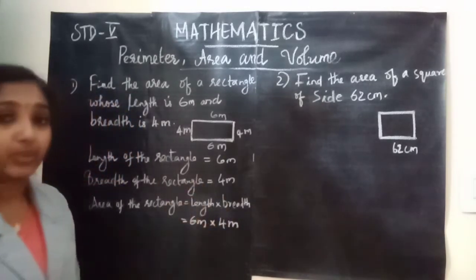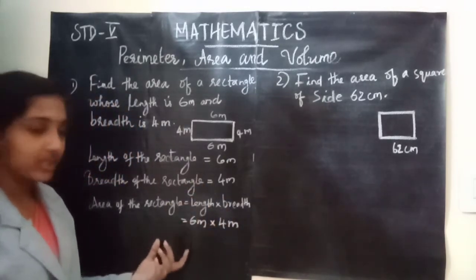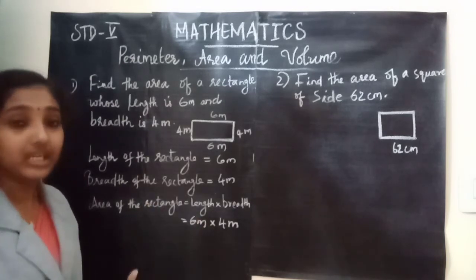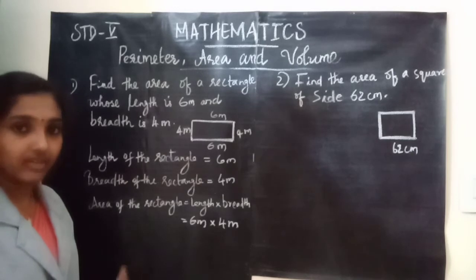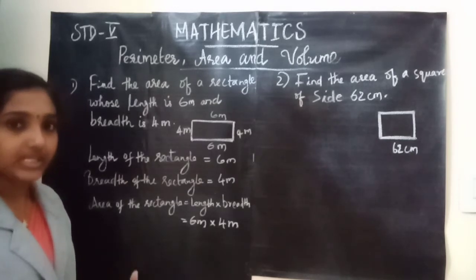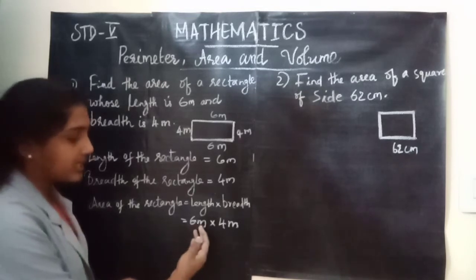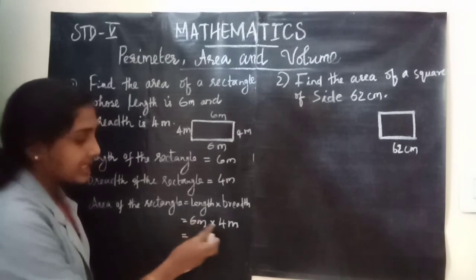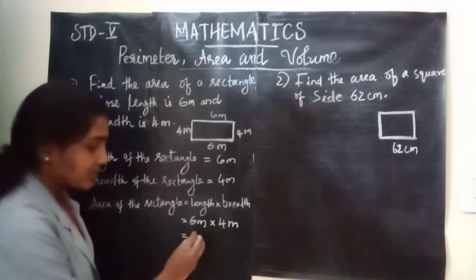And while we are doing this problem to find the area, the length and the breadth should be in the same unit. If the length is in meter, the breadth should be expressed in meter itself. So here it's 6 meter into 4 meter. 6 into 4 is 24.